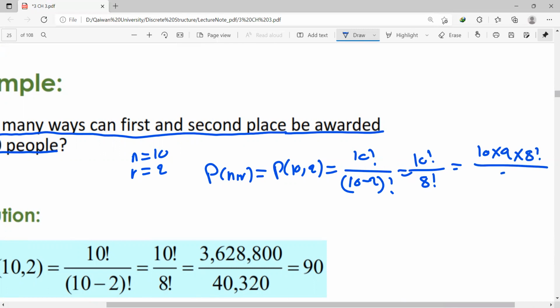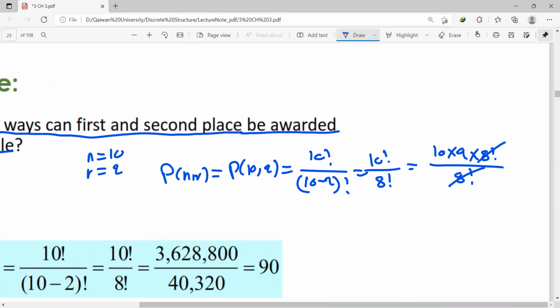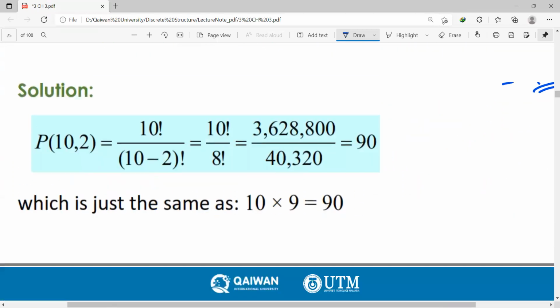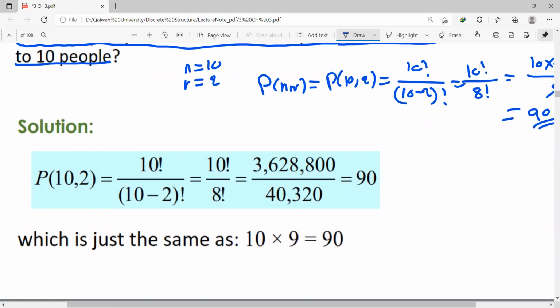Can you say that? In this circumstance, you can't just leave it like this. Do not expand it. So here we get 10 times 9 is 90. That means we have 90 ways. We can do it in 90 ways. Okay, you even can expand it and then divide it.